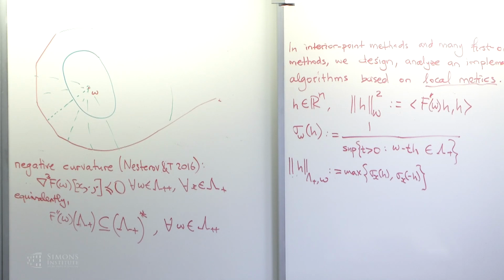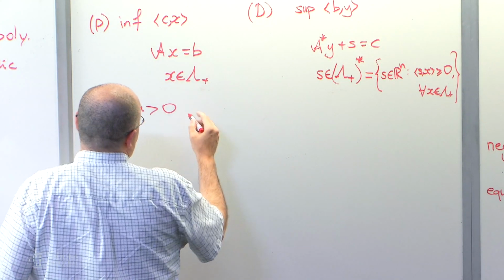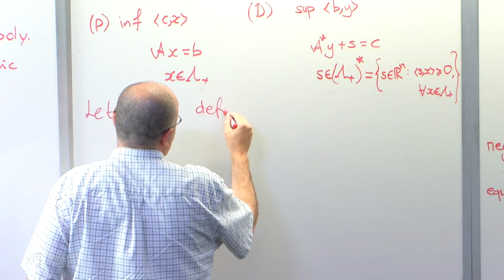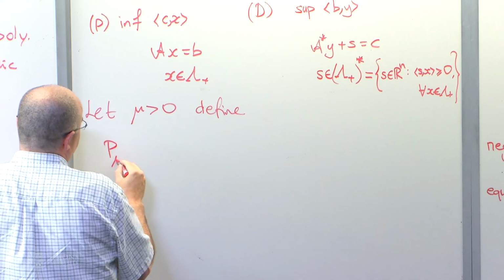So James said in optimization, we propose a class of optimization problems, a family, and I will feel jealous if I don't do it. So let's do a family of optimization problems. Let mu be a positive scalar value, and then define the following family of problems.